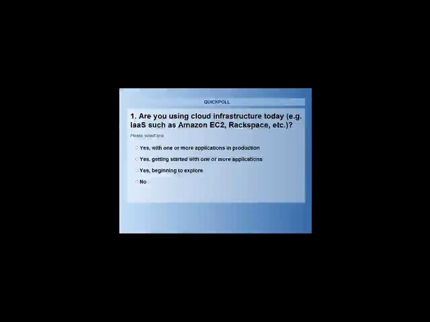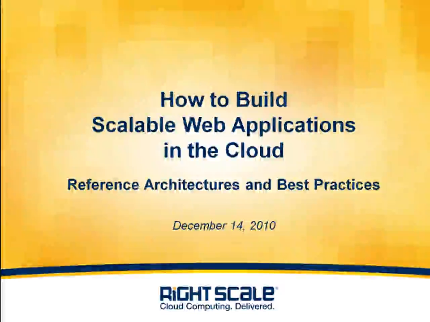Let us know if you're already up in the cloud with one or more applications in production, if you're just getting started, maybe beginning to explore, or no, you don't have plans for cloud at this time. We'll leave this open for a couple more seconds. And let's look at what you had to say. Okay, cool, that's interesting. There's a really good mix of folks with varying levels of cloud experience, so that's great.